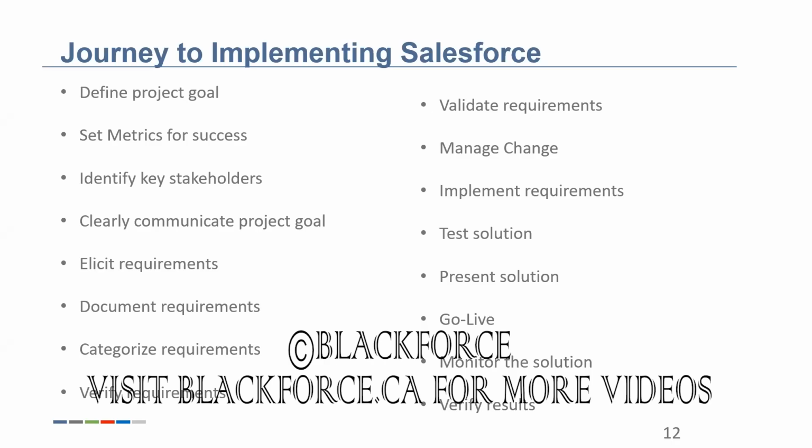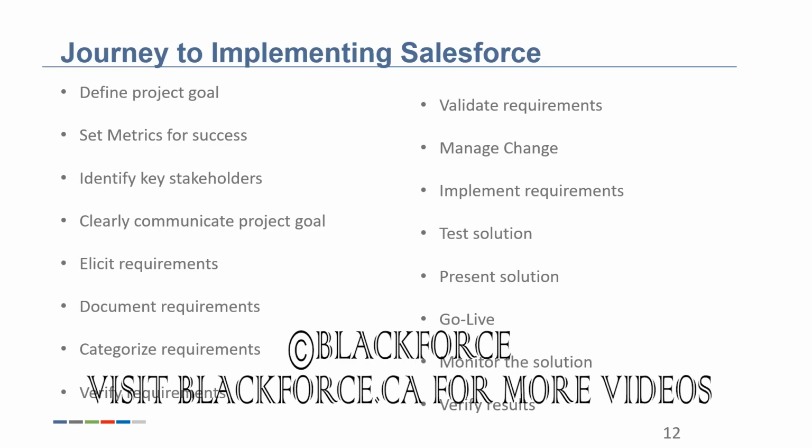We will clearly communicate the goal of the project to the stakeholders. We will gather our requirements from the stakeholders and document it. After documenting it, we will categorize it and verify the requirements. Once we verify the requirements, we will validate the requirements as well.